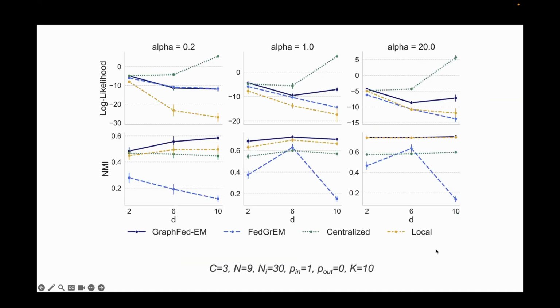When you look at the log likelihood, we can see that although the centralized training gives us quite a nice, the highest log likelihood, these cluster assignments are not exactly correct. And this is one confusing thing about the EM-based algorithms: what we are optimizing is the log likelihood loss, right? But sometimes we are not necessarily interested in the values of log likelihood.